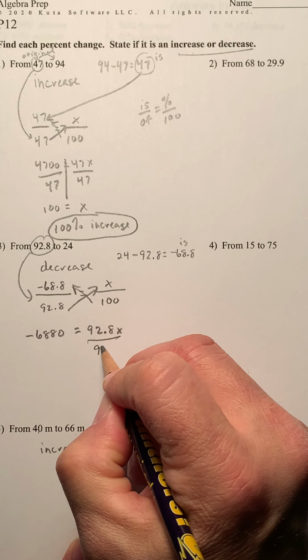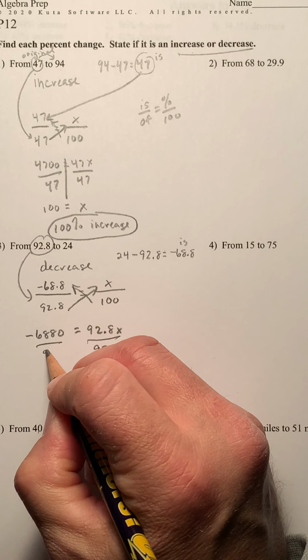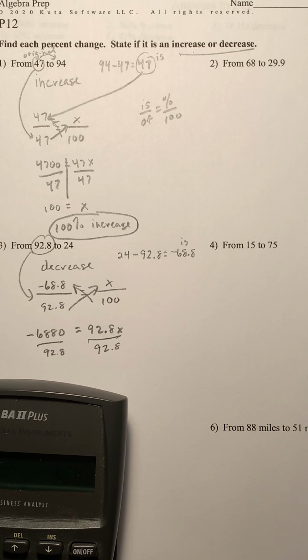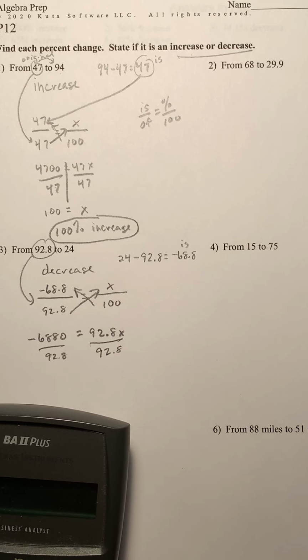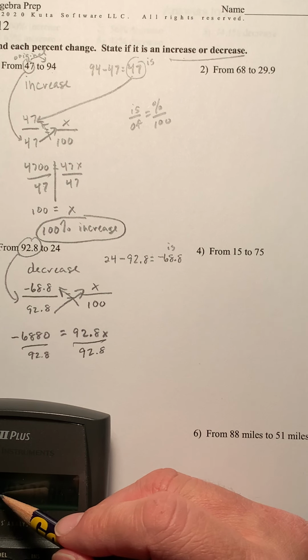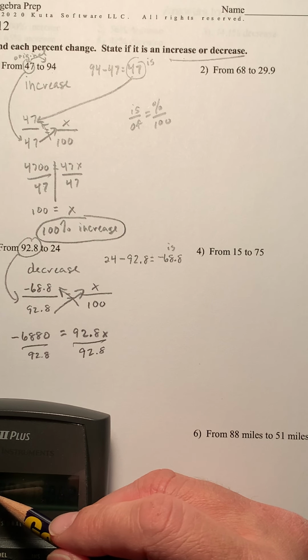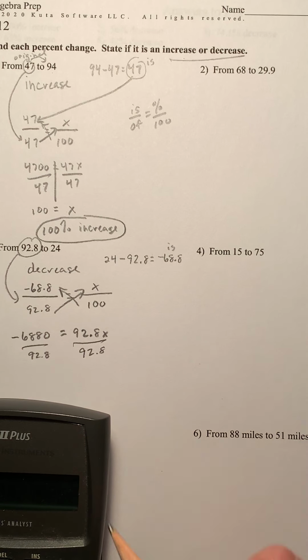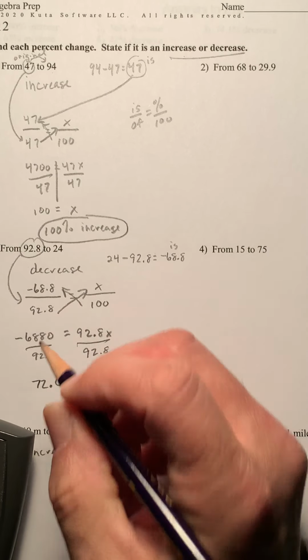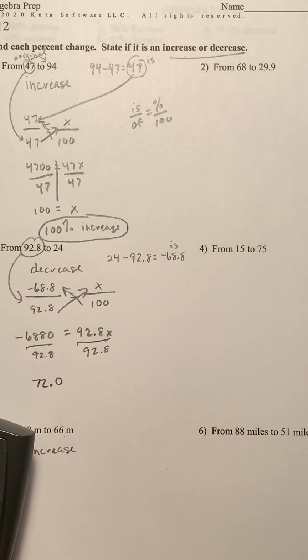When I divide by the 92.8, negative 6,880 divided by 92.8, I get 71 point, if I round, that's going to become, 19 is going to become a 20, right? If I go 2 decimal places, I leave the 8 and 8. So I can say 72.0% negative.